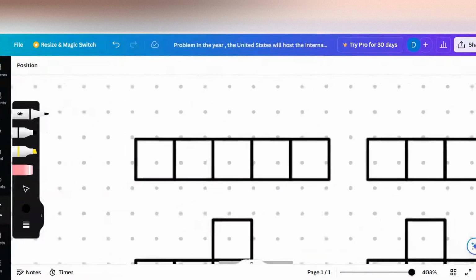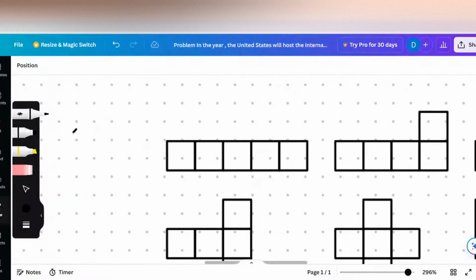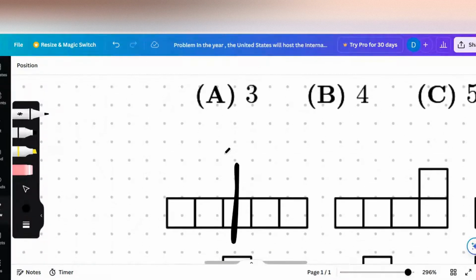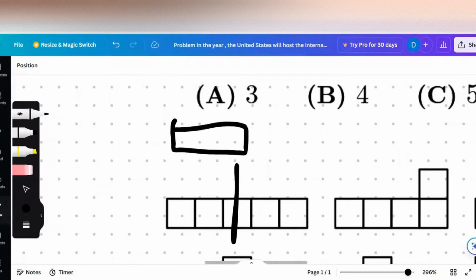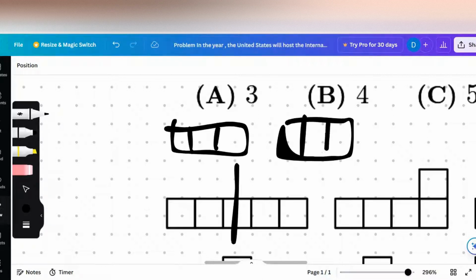Clearly number one does work because we can just cut it in half, and as we see, two symmetric parts, as in the square right here. One right here, and one right here. We can just fold it over, and clearly it will be symmetric, with no overlapping spaces.